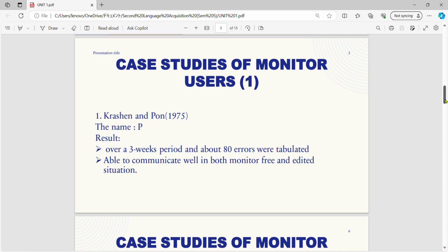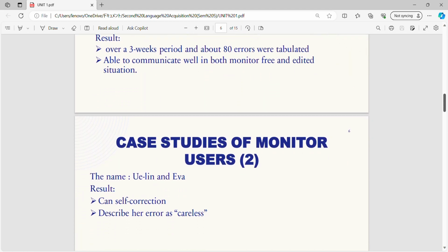Also this person knew how to monitor themselves, and even when another person made a mistake, the person could directly find the mistake very well, and she or he could fix it well.